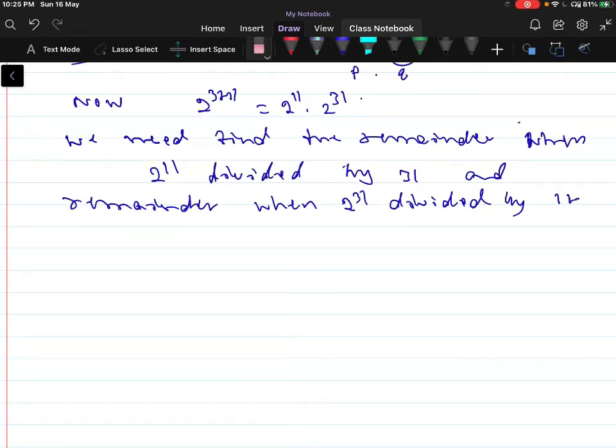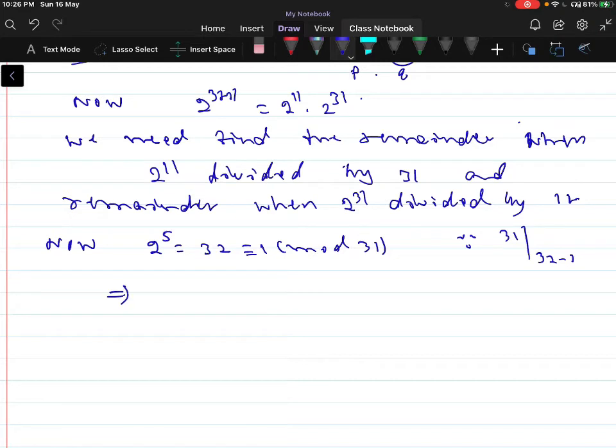Now 2 power 5 can be written as 32. 32 is congruent to 1 modulo 31, since 31 divides 32 minus 1.